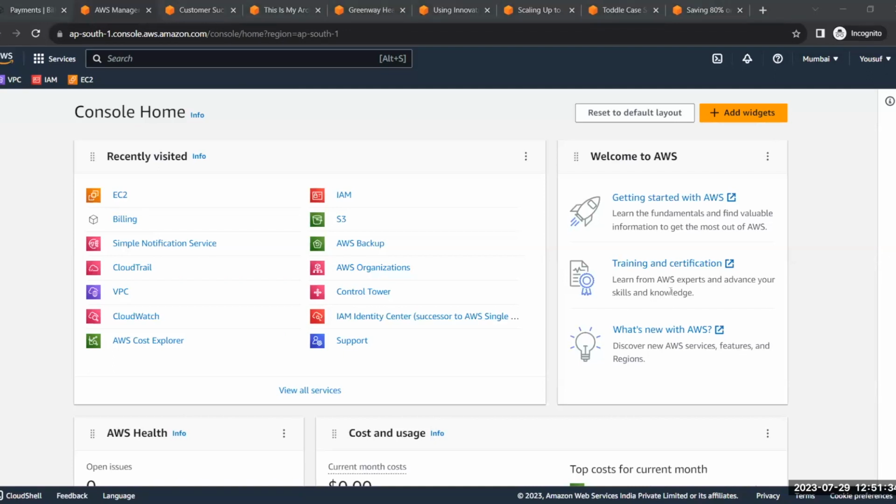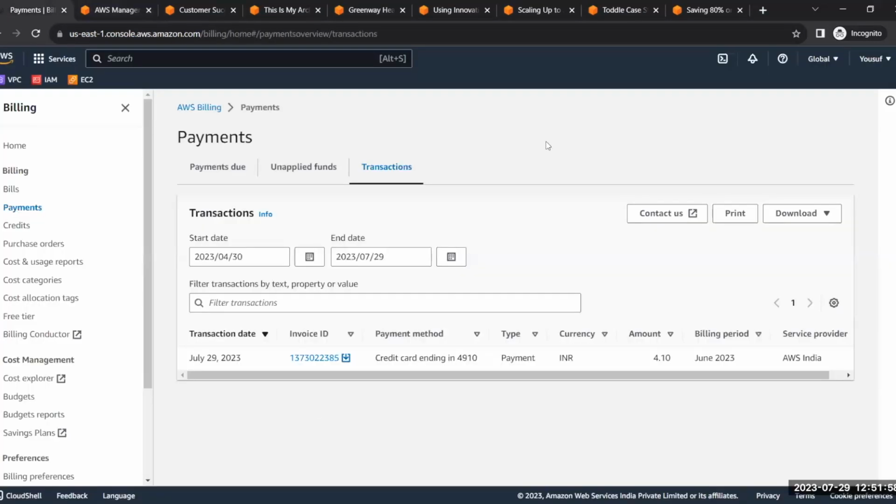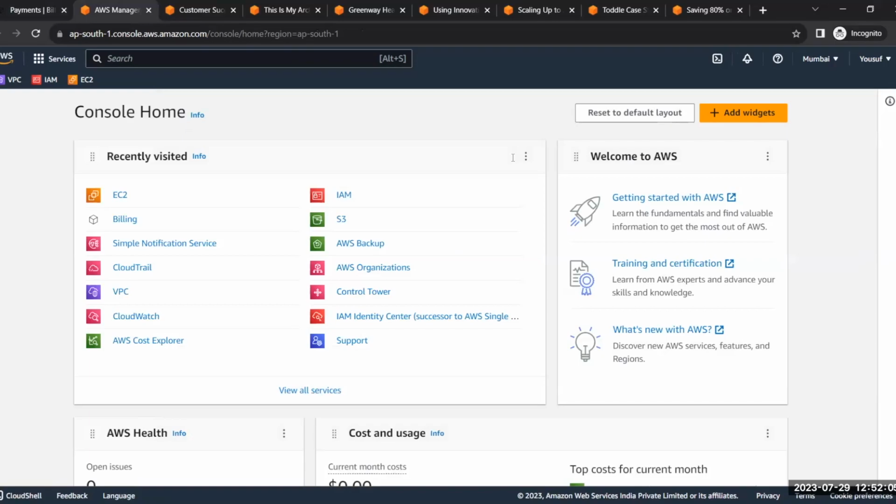But I need to share the screen. Why is this not going up? Why is this not toggling? I'll just stop sharing once.